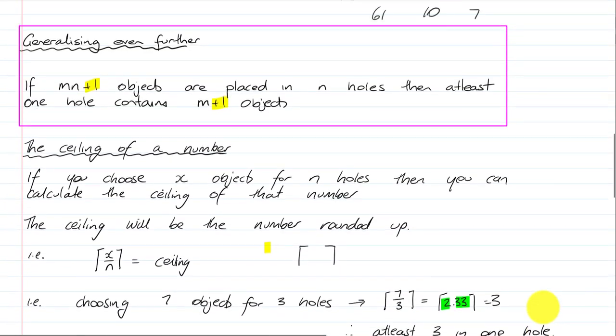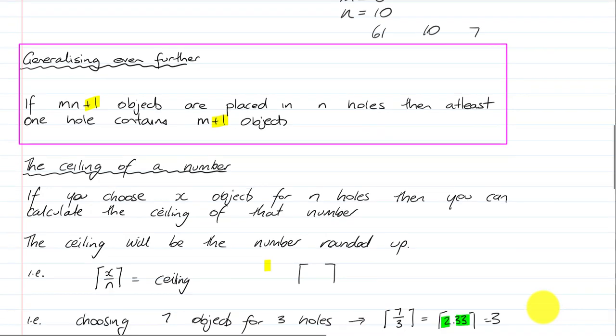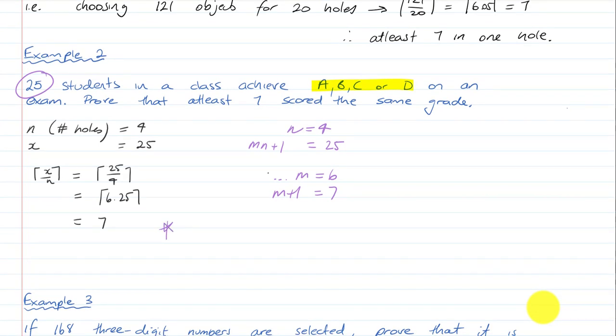So going back to our proof earlier, we've got mn plus 1 objects placed in n holes, at least one hole contains m plus 1 objects. Well, m plus 1 is 7 objects, so at least one hole contains 7 objects. That's another way you could do it, although I think you'd probably agree that this is a little bit more crisp and easier to work with.